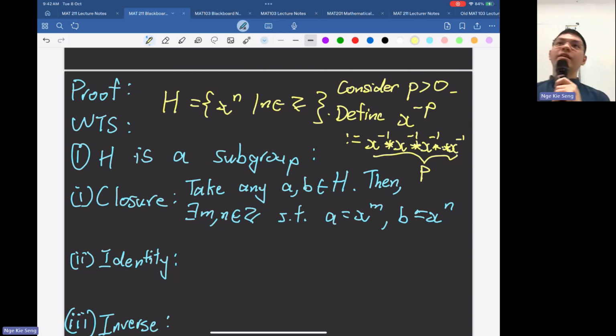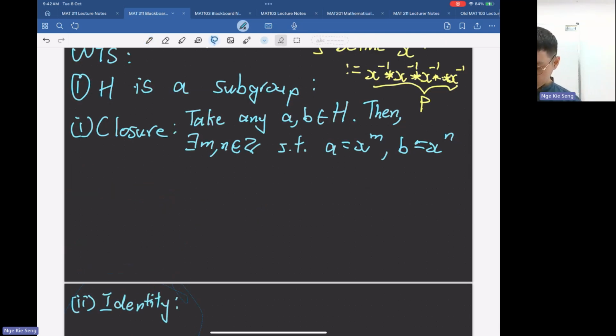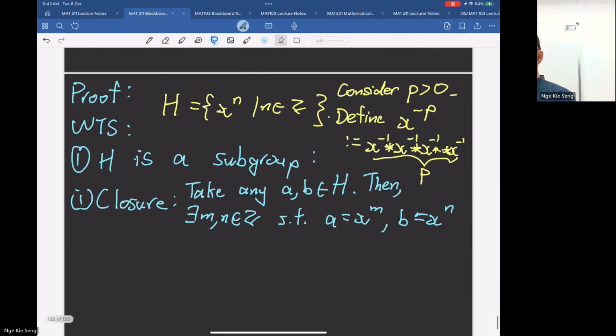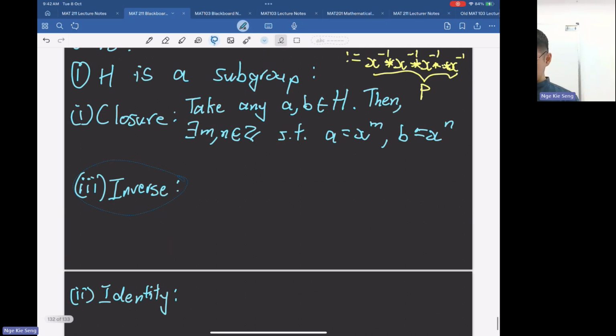Okay, so I think we already defined everything. So in this case, is it better we do inverse first? I think it's better we do inverse first.